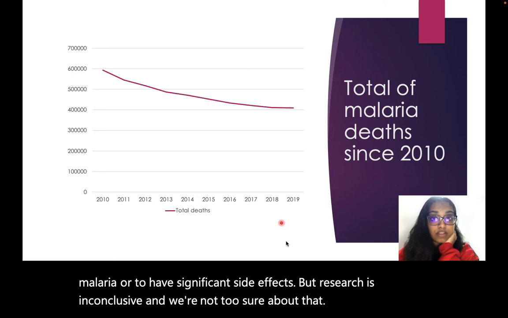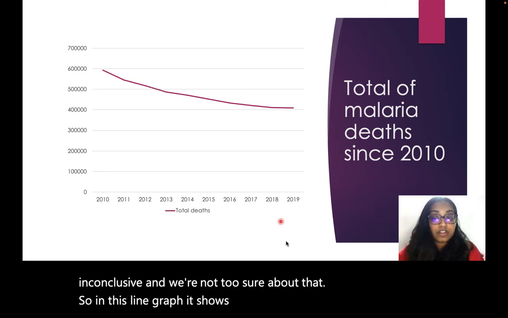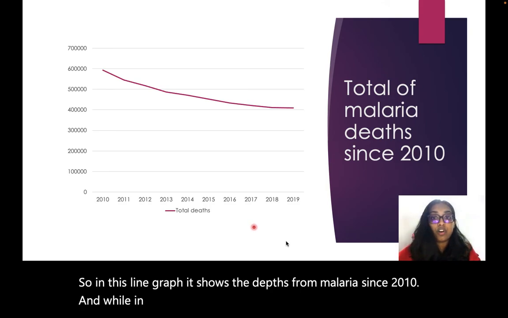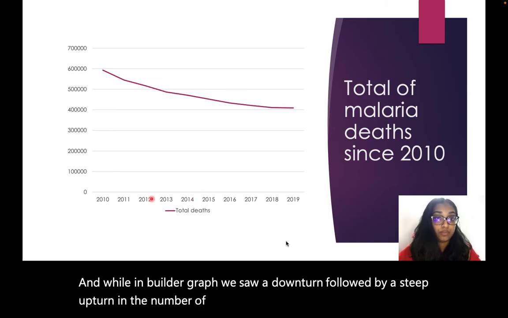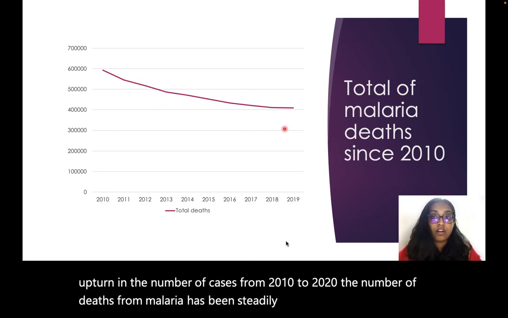So this line graph shows the deaths from malaria since 2010. And while in the other graph we saw a downturn followed by a steep upturn in the number of cases from 2010 to 2020, the number of deaths from malaria has been steadily decreasing. Even though it's a little bit, it's still a steady decrease.